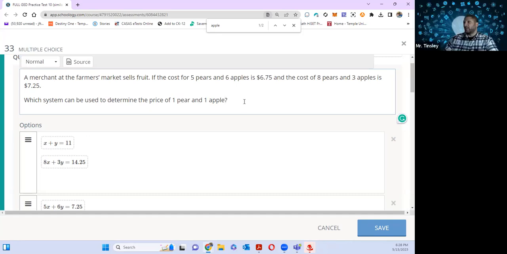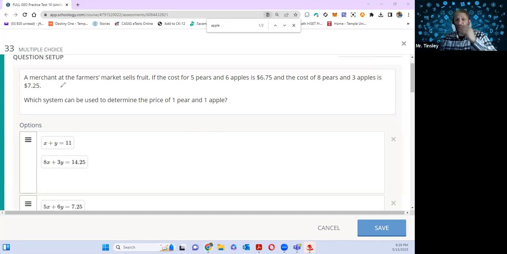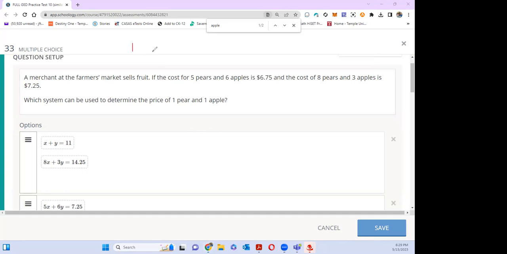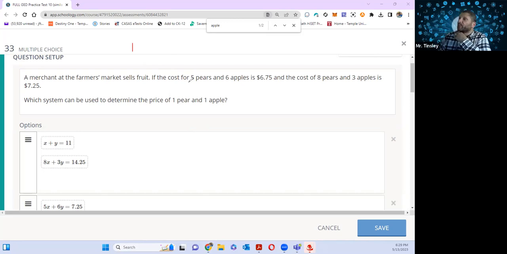So let's look at this. Which system can be used to determine the price of 1 pear and 1 apple? Let's look at A. Let's see if we can figure this out together. If I'm solving a system of equations, what is the first thing I should do? Identify what you know. What do we know?